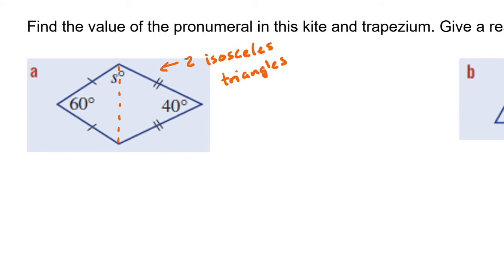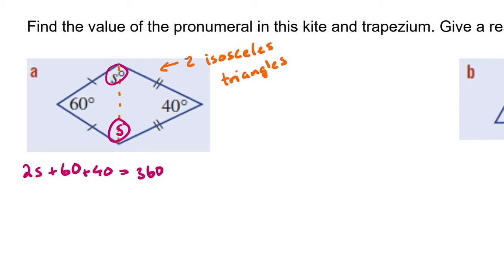Okay, so that gives us 2S. So this angle here is the same as that angle there. Those angles have to be the same. So that's 2 lots of S. So we now have 2S plus 60 plus 40 equals 360.